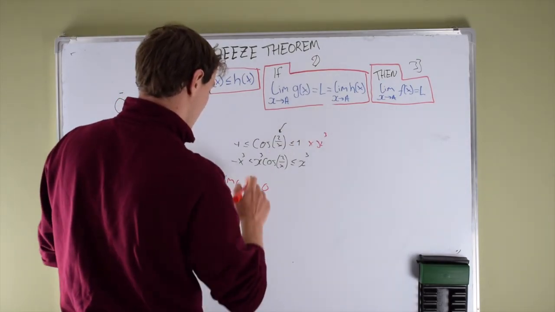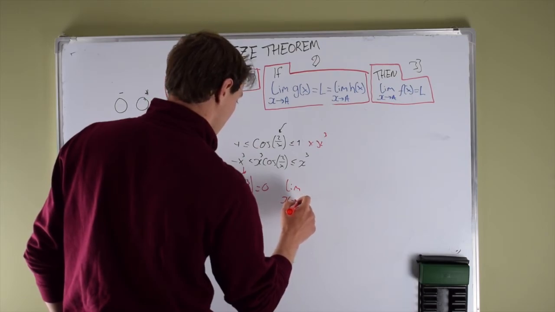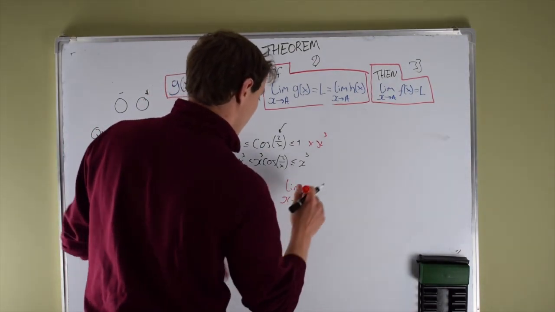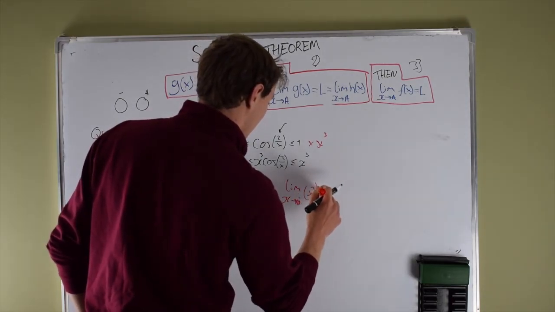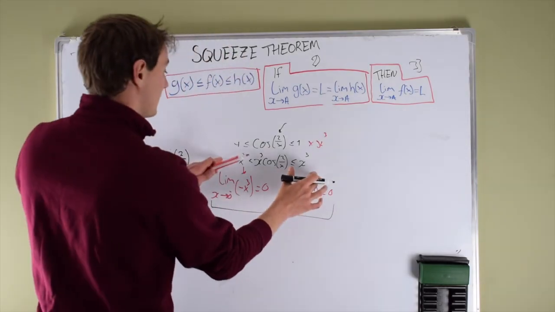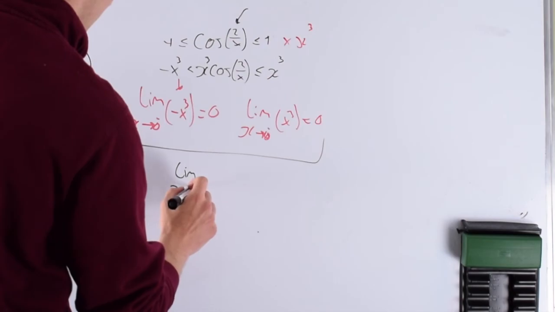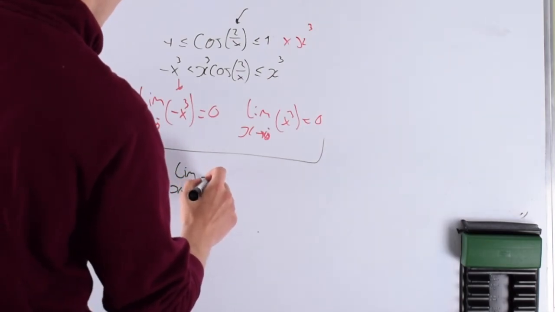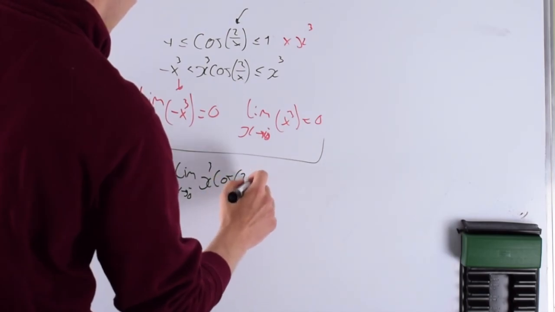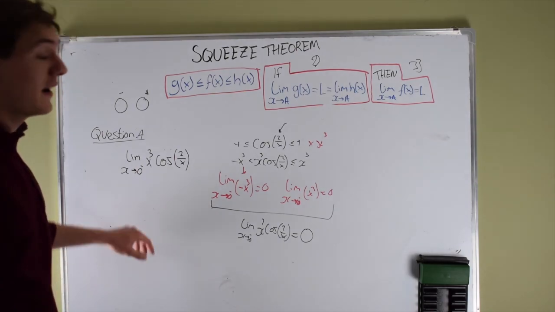As the limit as x approaches 0 from the right, we've got x cubed is also equal to 0, and like any other question, since they're the same, we can say that the limit as x approaches 0 of x cubed cosine of 2 over x also is 0. Okay, so that's that fourth and final question done.